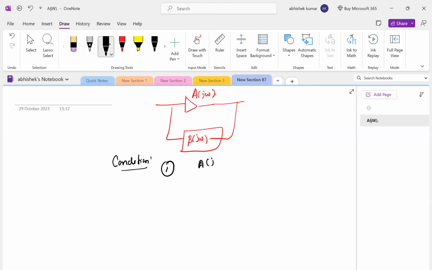It means that the open loop gain of this circuit is equal to 1. And apart from that, the phase angle of this system should be either 0 degrees or 2nπ. Phase should be 2nπ.